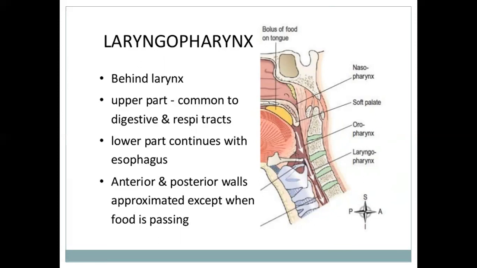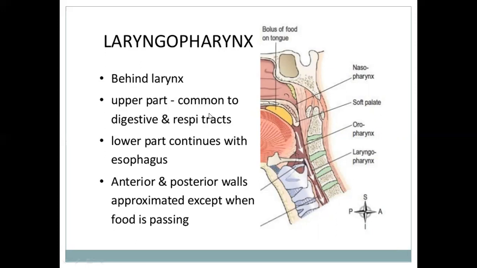Now see this: the pharyngeal isthmus is closed by the soft palate and the posterior pharyngeal wall, and the epiglottis closes the laryngopharynx, so the bolus will enter neither the nasopharynx nor the laryngopharynx, and it directly enters into the esophagus.